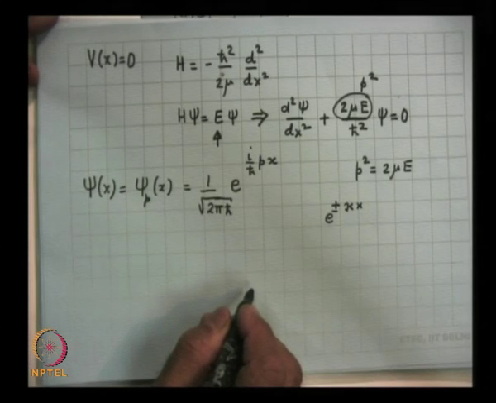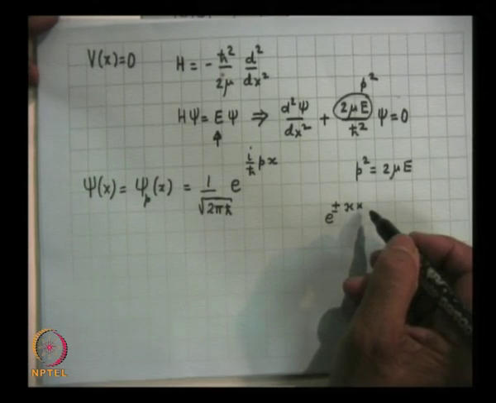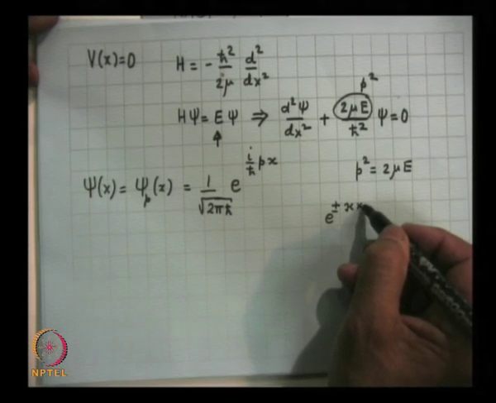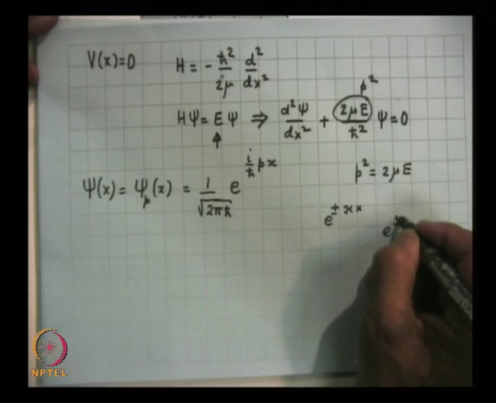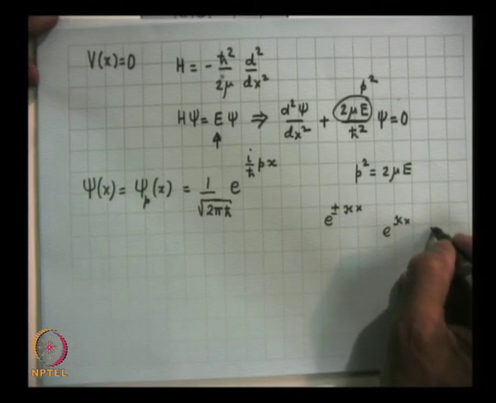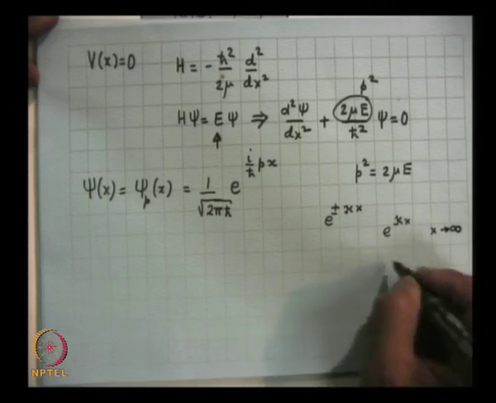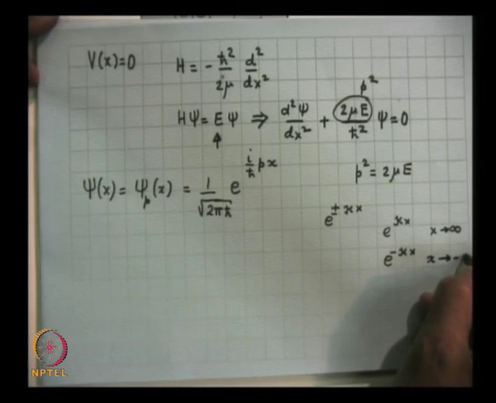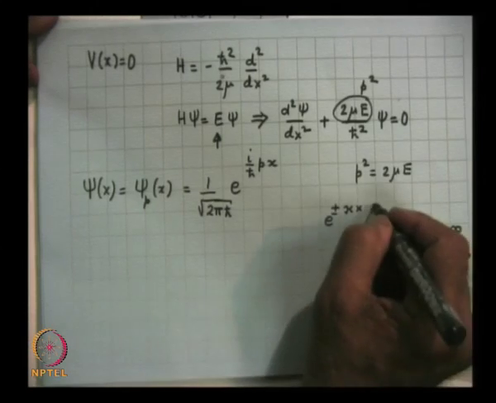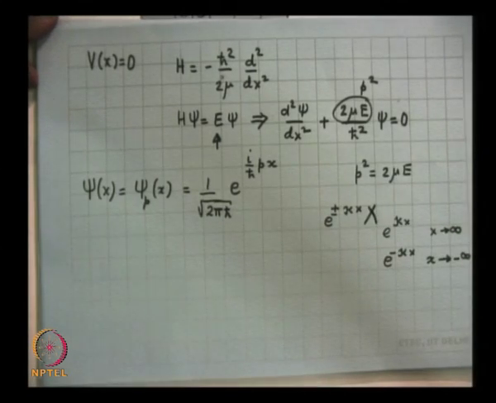When this happens, the wave function goes to infinity at plus infinity or minus infinity. E to the power of plus kappa x will blow up as x tends to infinity. E to the power of minus kappa x will blow up as x tends to minus infinity. So, that is not possible, because if the wave function becomes infinity, it is no more square integrable. You can no more normalize the wave function.